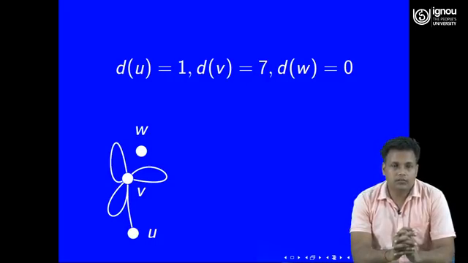Each of these loops is counted twice, so the 3 loops give 6 and the non-loop edge gives 1. So the degree of the vertex V becomes 7. The vertex W is not adjacent to any vertex, so there is no edge incident on it, and hence its degree is 0.